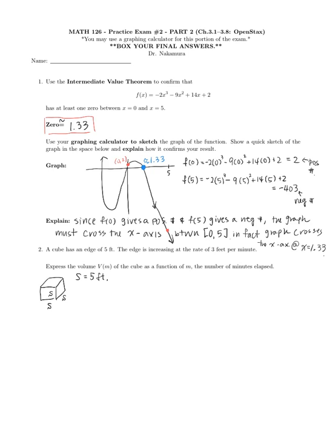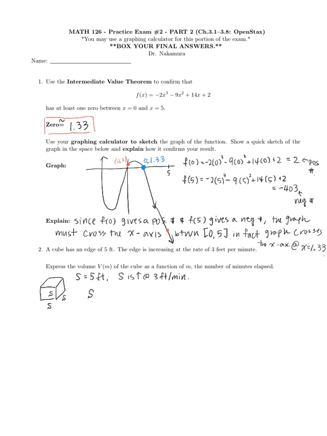And then another piece of information is that the edge, S, is increasing at the rate of 3 feet per minute. Okay, so let me try to write this using notation.